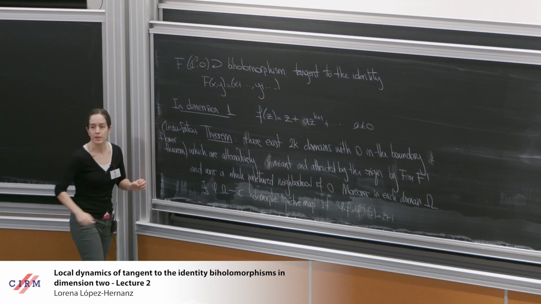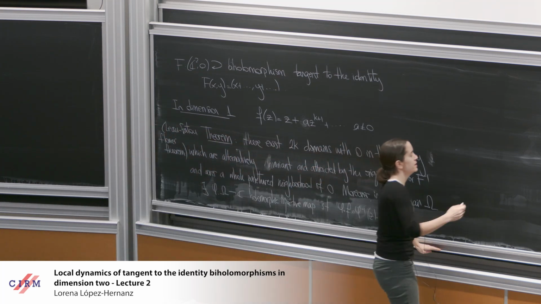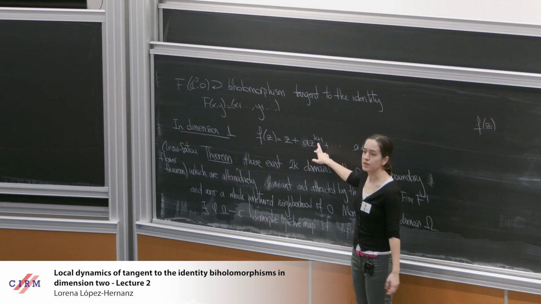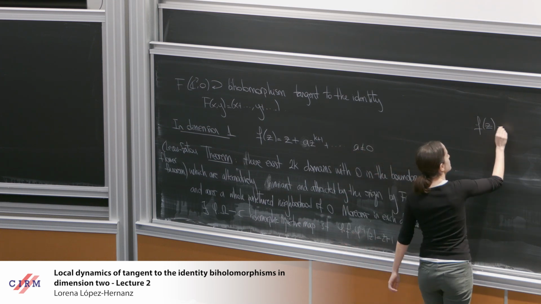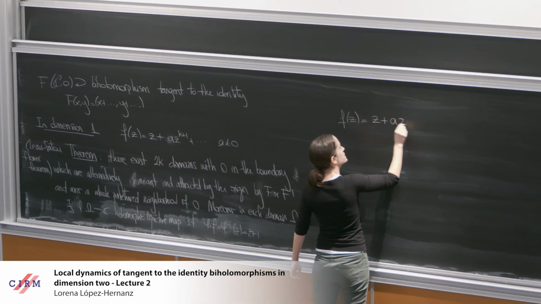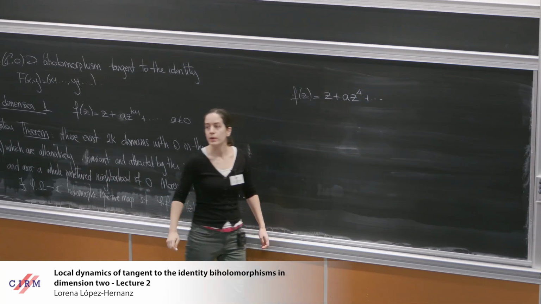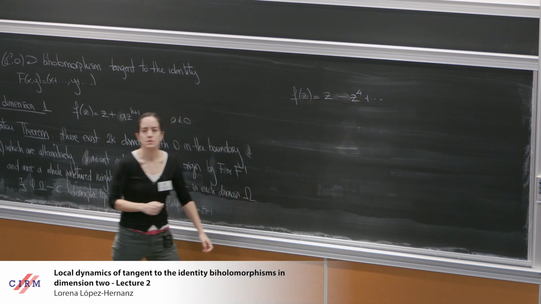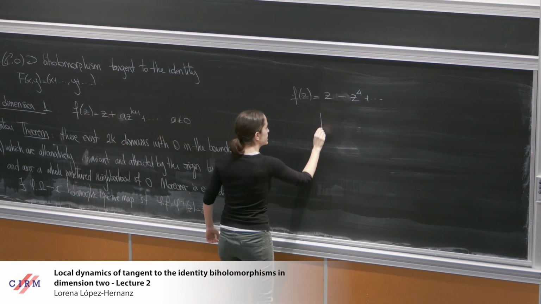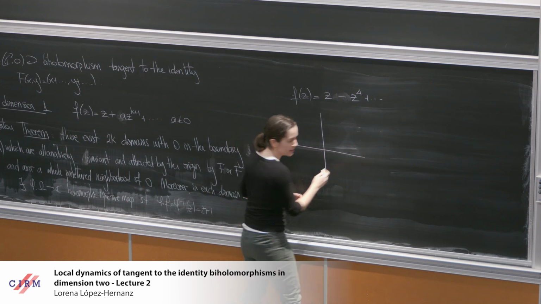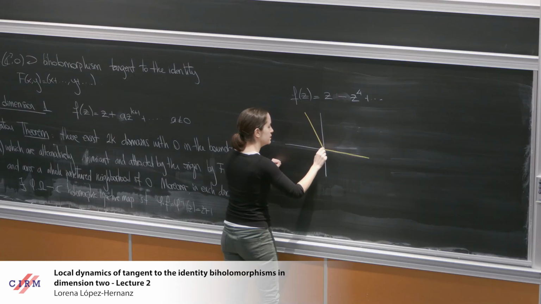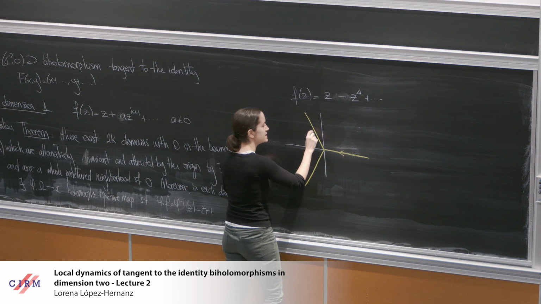So let me just make a picture to understand what the theorem is saying. So we have, for instance, if we have a map where k is equal to 3, f(z) = z + z⁴ plus higher order terms, we can always make a change of coordinates so that this is minus 1. Okay, so we have 3 invariant petals for f, which are bisected. We have 3 attracting directions, which are the positive real axis and the third roots of the positive real axis.